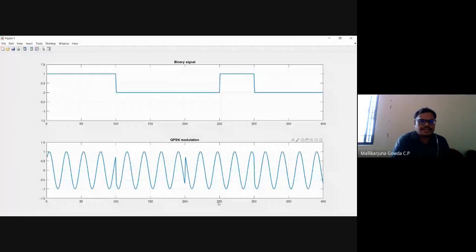Check this sequence. I have taken a different sequence: 11, 000, 100. You split that into even and odd sequence, then you start comparing the phase.